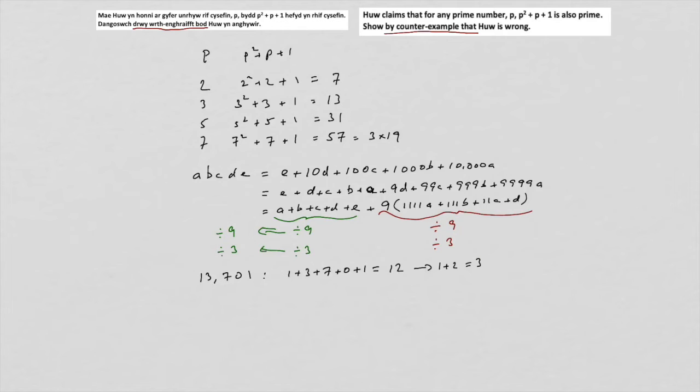So this tells us that this number divides by 3, but because the digit sum didn't end up as 9, it won't divide by 9. So let's check that. 13,701 divided by 3 comes to 4,567, but 13,701 divided by 9 comes to 1,522 and a third. So it doesn't divide by 9.